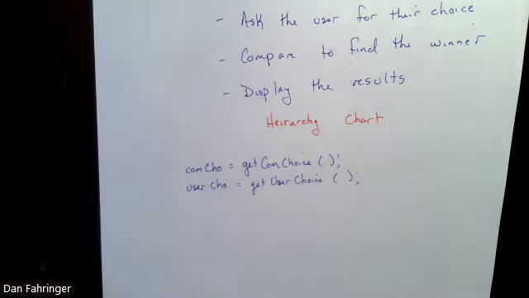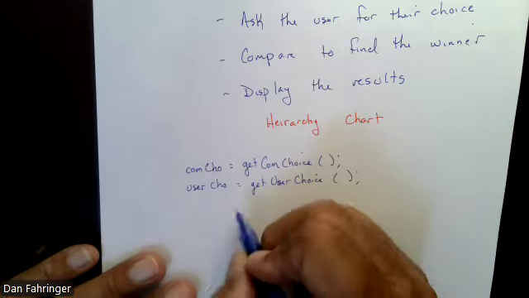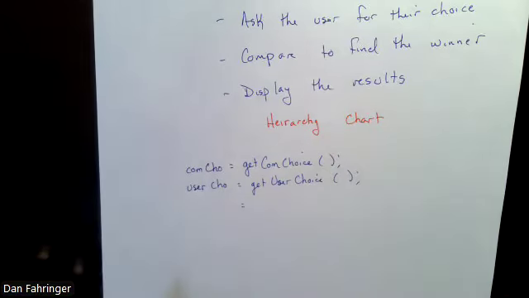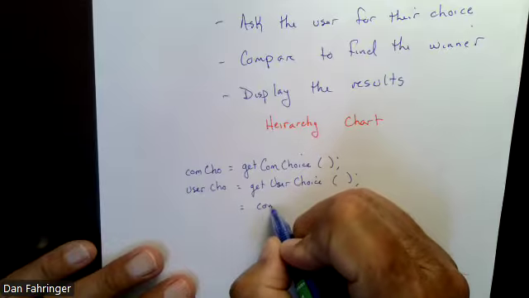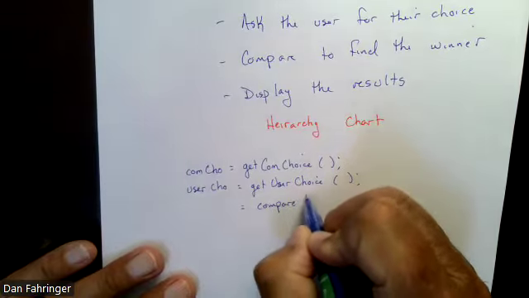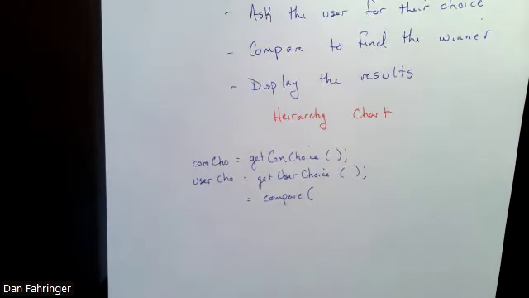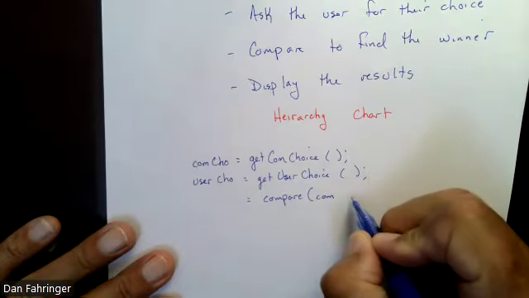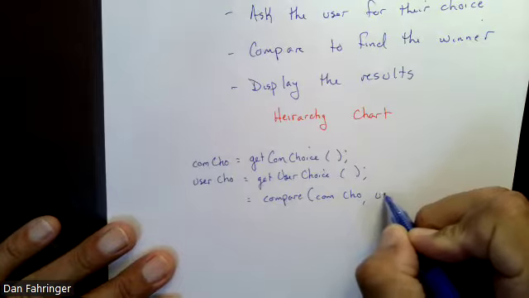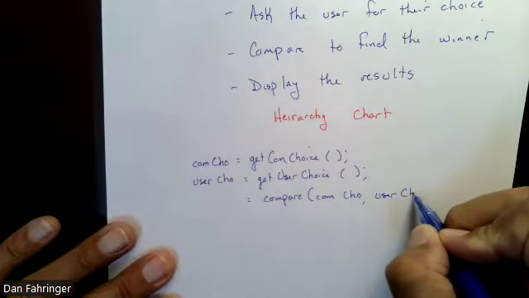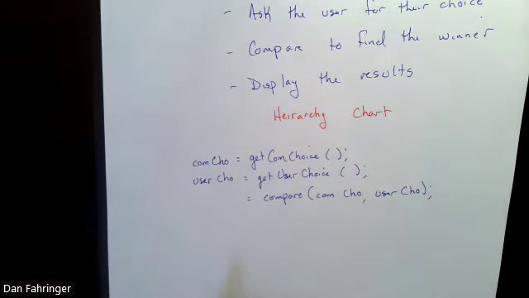So when I compare these, I need to figure out who the winner is. So I know I'm going to be returning something. I'm just going to call it compare. And I'm going to have two arguments going in, the computer's choice and the user's choice. And I'm going to return something.